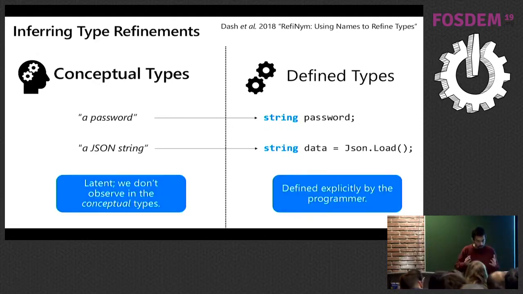So now what this means is that we have a latent notion. We don't write it down explicitly. It's hidden behind our mind that we shouldn't probably assign to the variable that is called password, and it's a string, a JSON thing. That would sound odd.